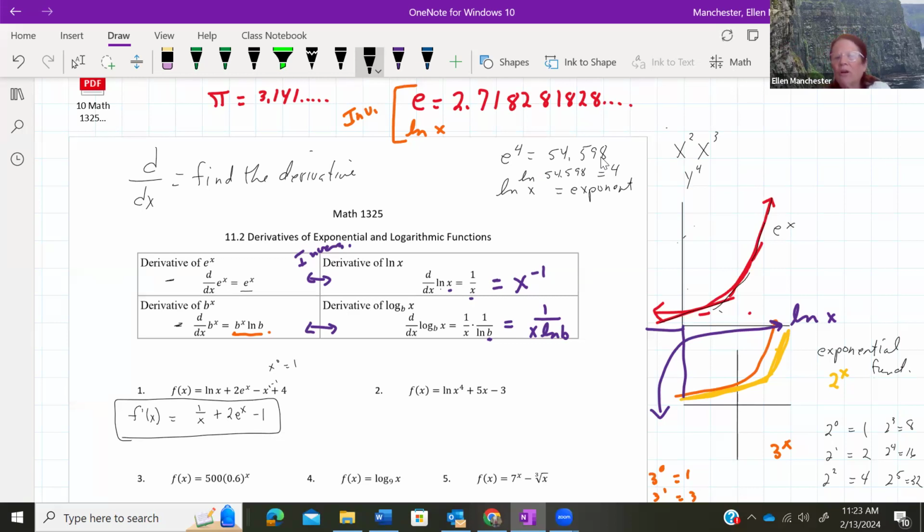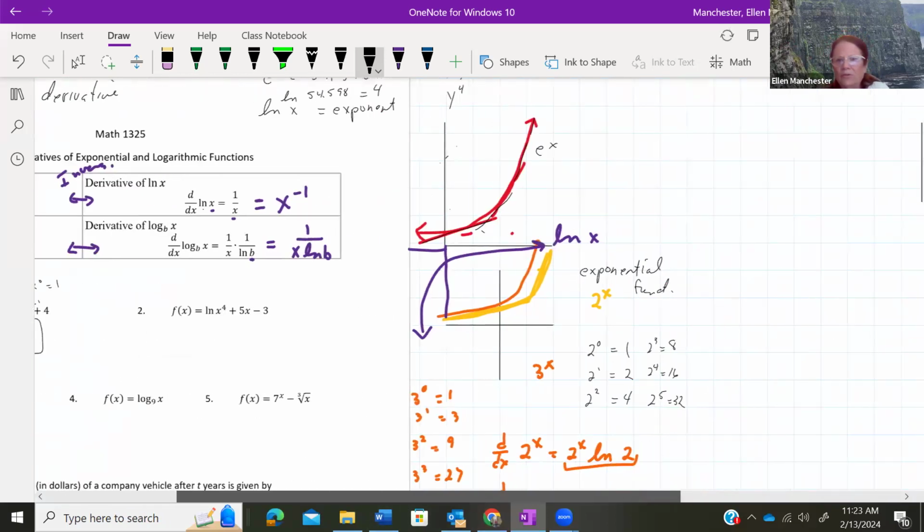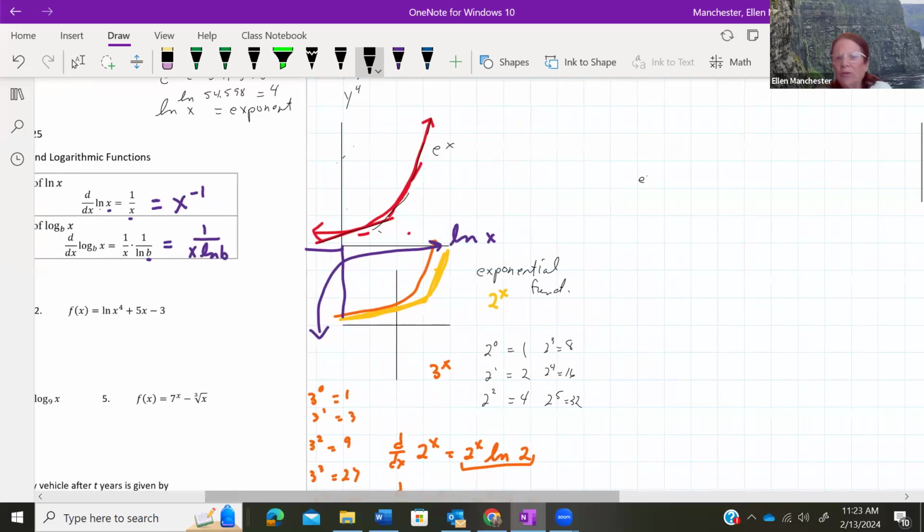Okay, so what I have here is this exponent 4 on an exponent. So do you remember your exponent rules? Let's do it over here. You have the product rule, which means if you have x cubed times x to the 4th, you get x to the 7th, right?